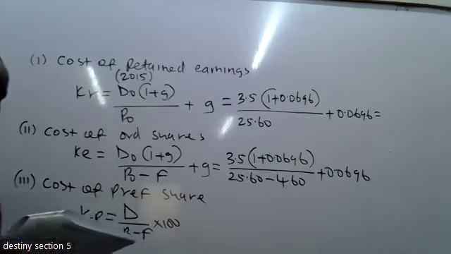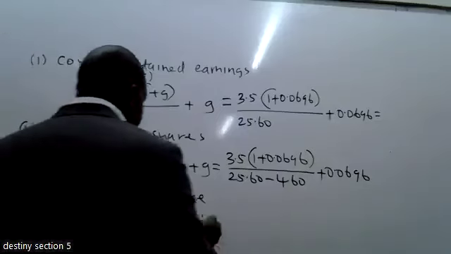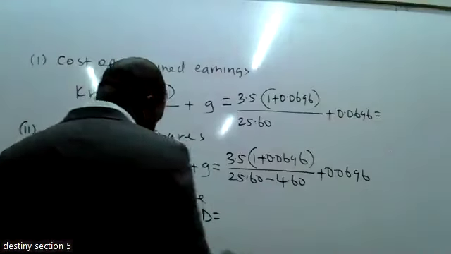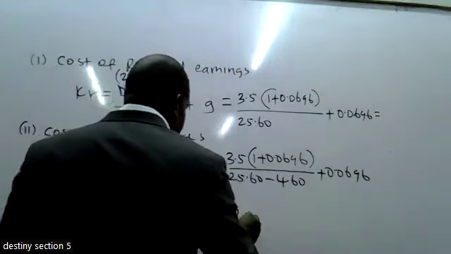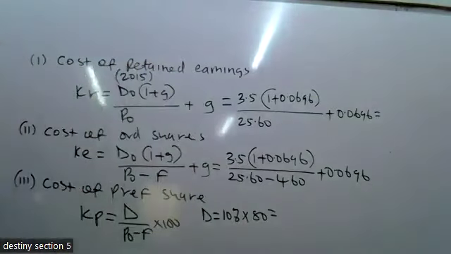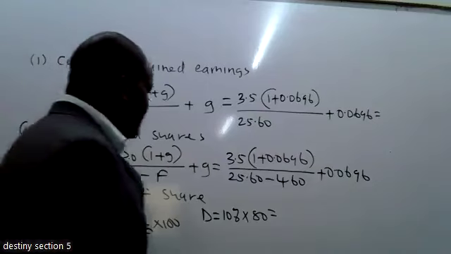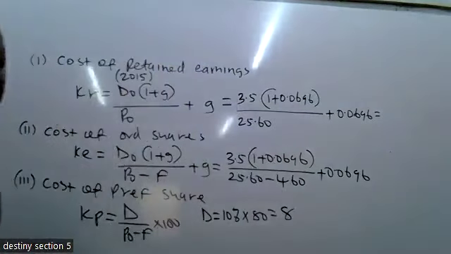So go to note number 5. 10% preference shares can be issued at a par value of 80. So the dividend will be 10% of 80, which will be the same as 8.